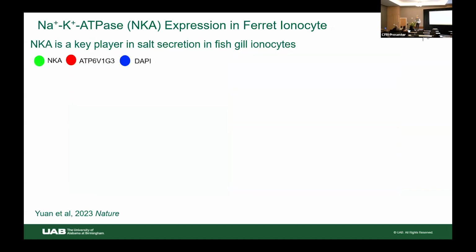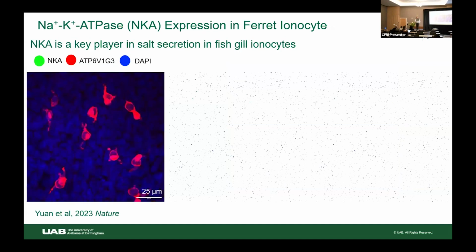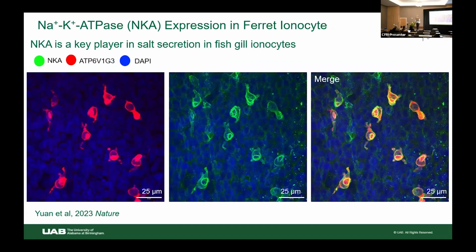The other ion transporter we investigated is NKA, the sodium potassium ATPase, an enzyme which helps sodium and potassium translocate across the epithelial cell membrane. NKA is a key player in salt secretion in fish gill ionocytes. The co-immunostaining of NKA and ATP6V1G3 shows that they perfectly colocalize in the ionocyte.